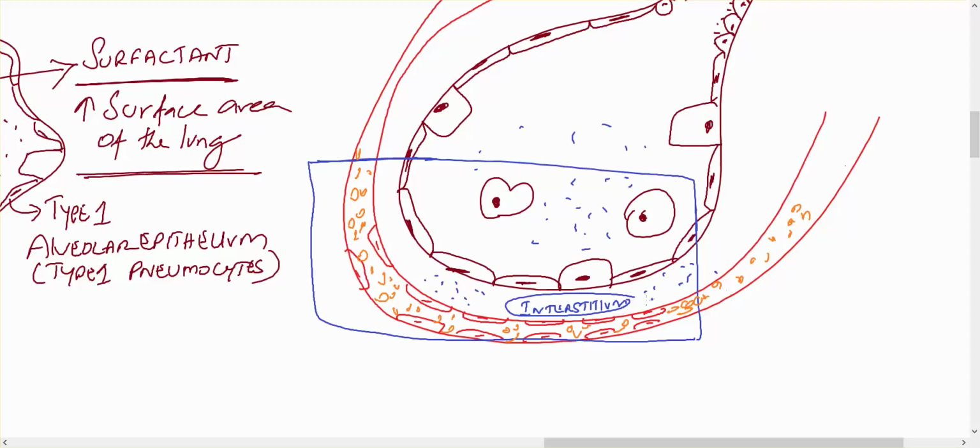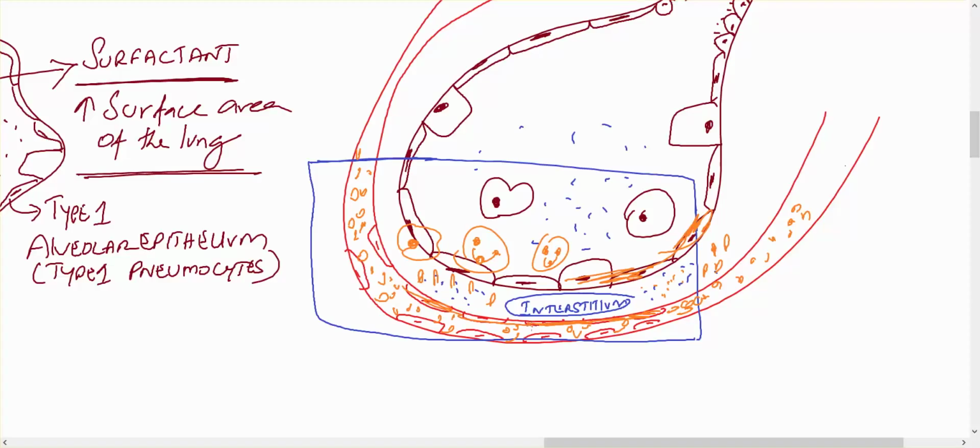Okay, now instead of only fluid, you are seeing proteins also, and you are seeing a lot of cells coming out. Those cells are neutrophils, and they are destroying the alveolar epithelium and the endothelium, which means some acute inflammation has happened.